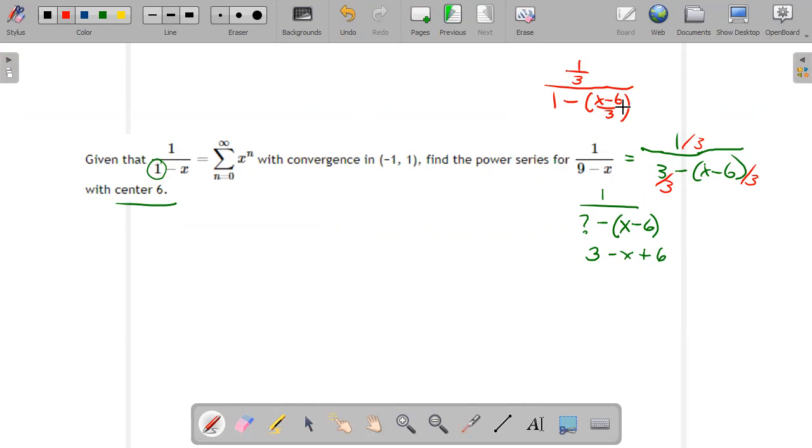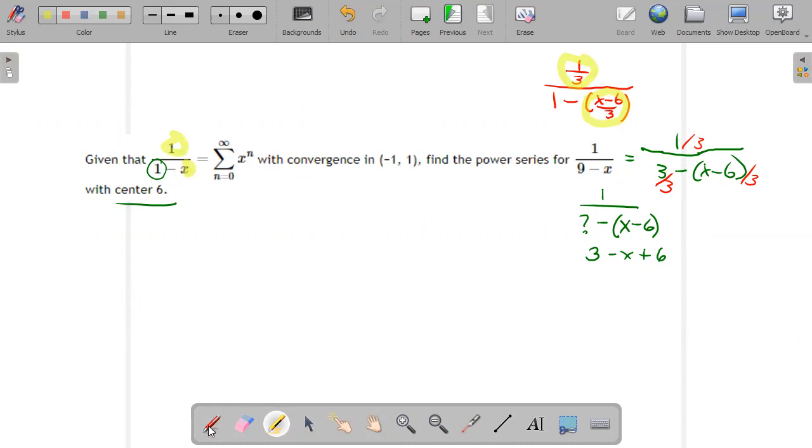And I had mentioned last class and earlier before the recording that at this point we have like 4 ways to mess with this basic geometric series. We can substitute in something in place of x. We can differentiate the series. We can integrate the series, or we can multiply or divide by something. So what I have here then is a substitution. So we're going to substitute that in place of this x here, and then we're going to multiply the whole thing by 1/3.